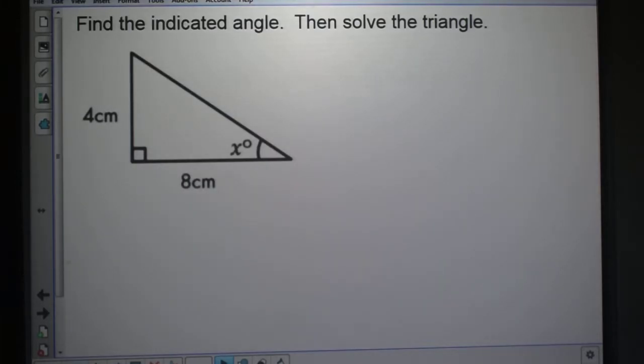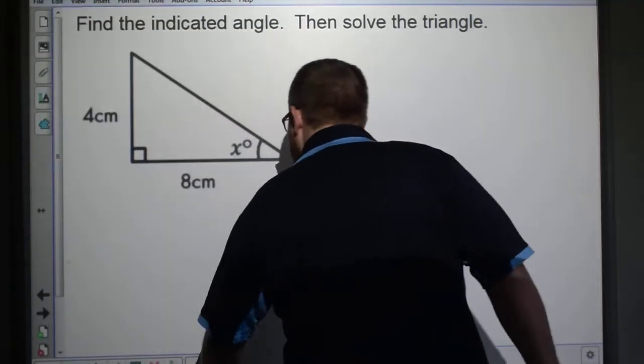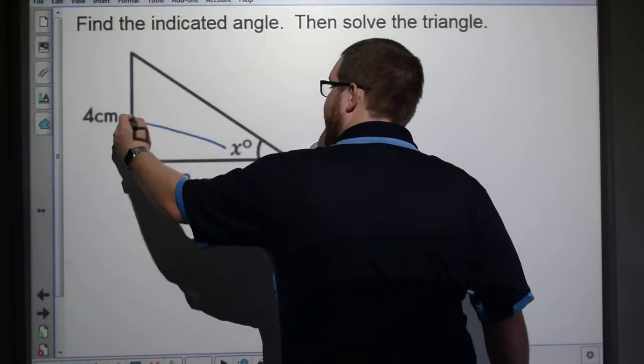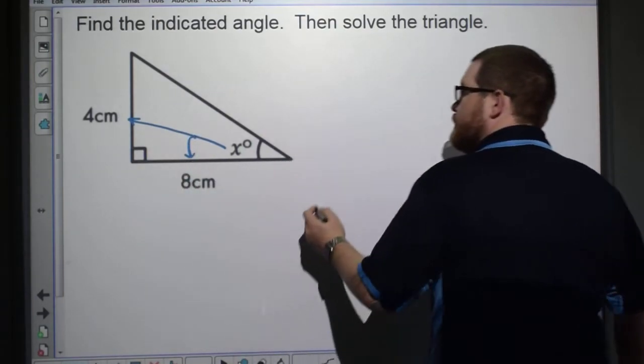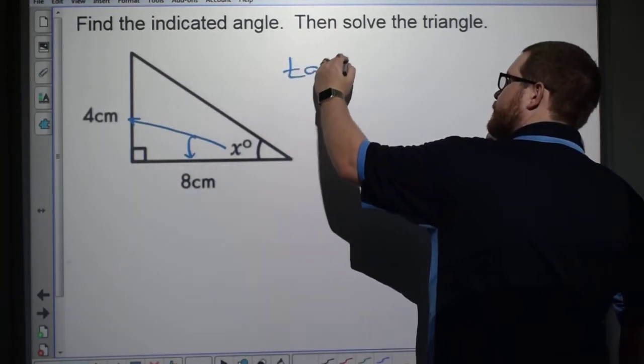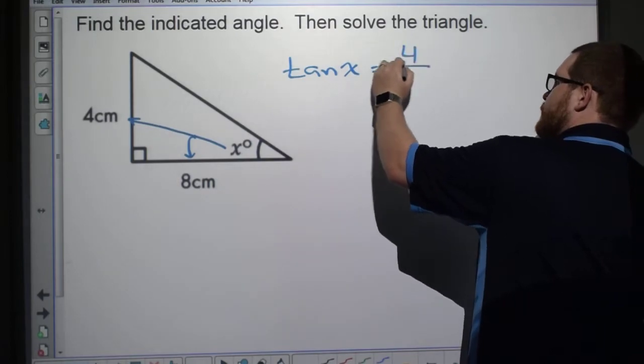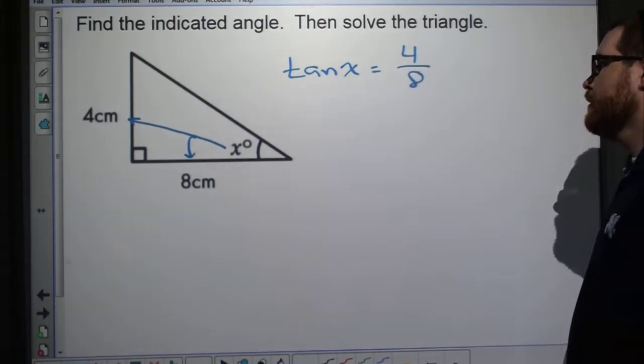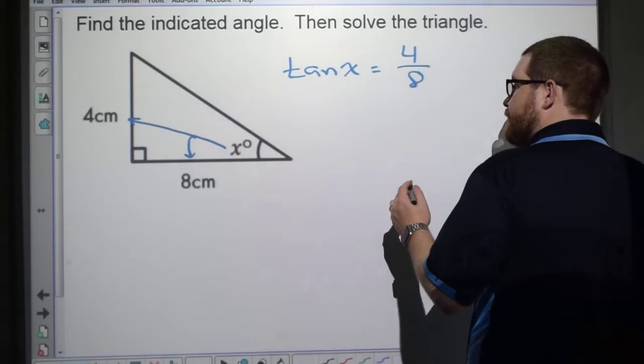I need to find the missing angle, and then I'm going to solve the triangle. That means I need to find the missing angle that they should give me, and then find the other two missing angles. Well, here's x, and the ratio that I have is opposite and adjacent, so that's tangent equals opposite over adjacent. So I need to get rid of tangent.